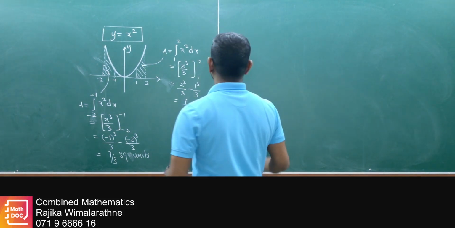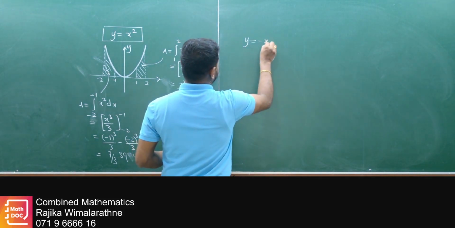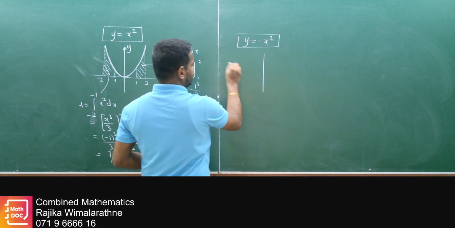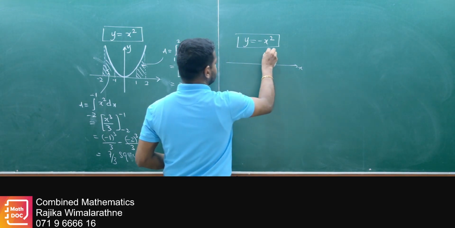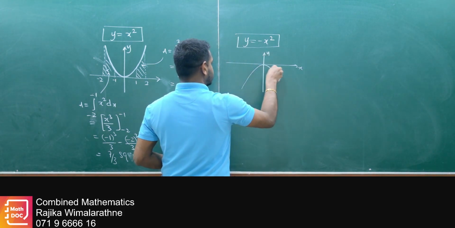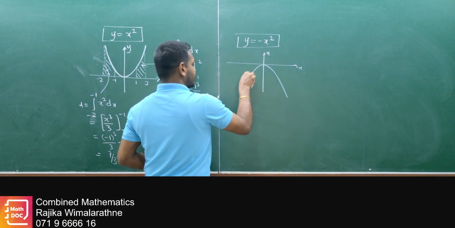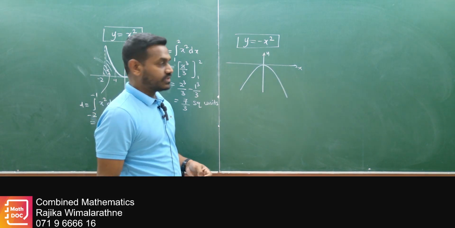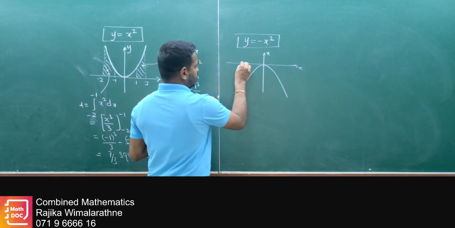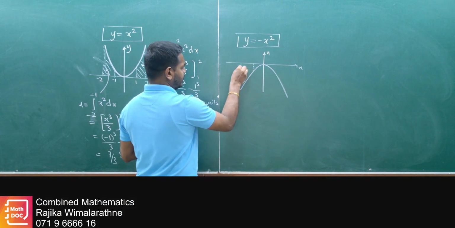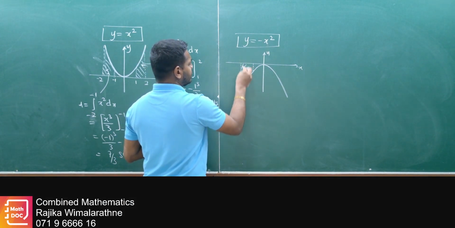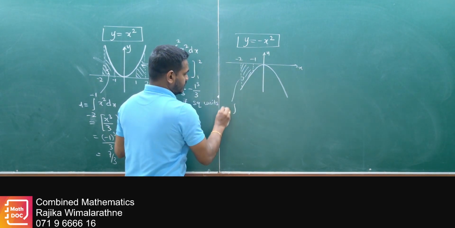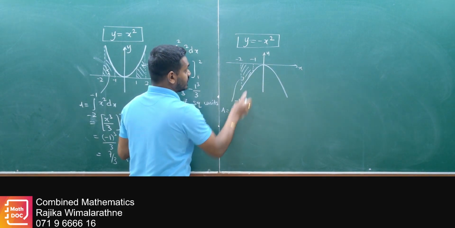Now consider the function y equals minus x squared. Take this one. When we sketch this, with x axis and y axis, the curve goes like this, so the function is in the third and fourth quadrants. Now try to find this area, from minus 2 to minus 1.